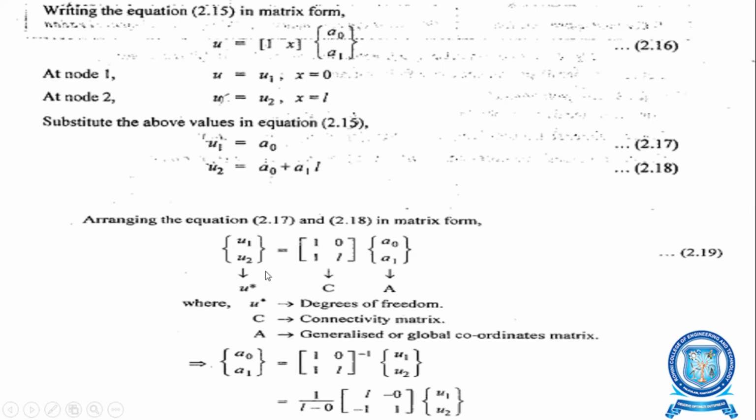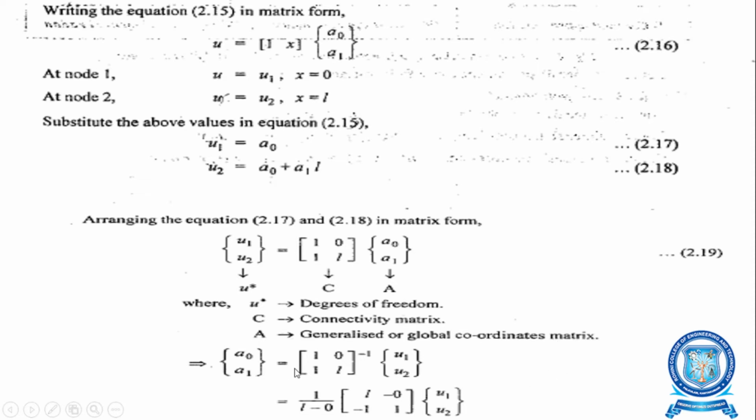We consider u1, u2 as u star, the matrix [1 0; 1 L] as C, and the vector of a0, a1 as a. So u star is the degrees of freedom, C is the connectivity matrix, and a is the generalized coordinates matrix.